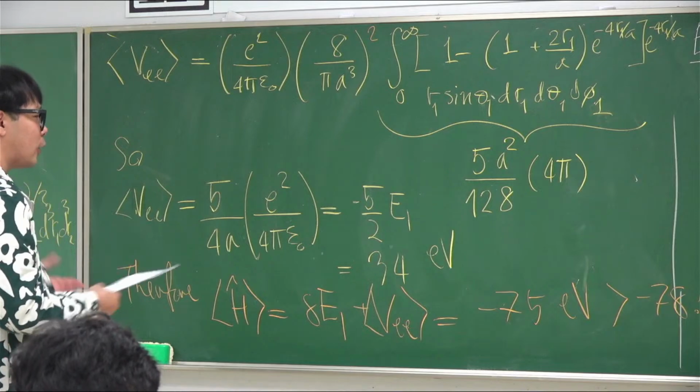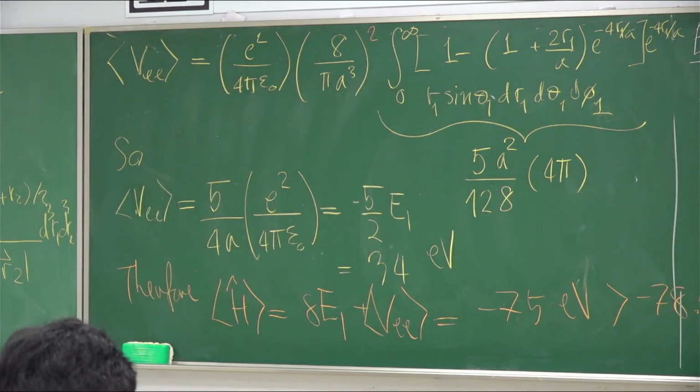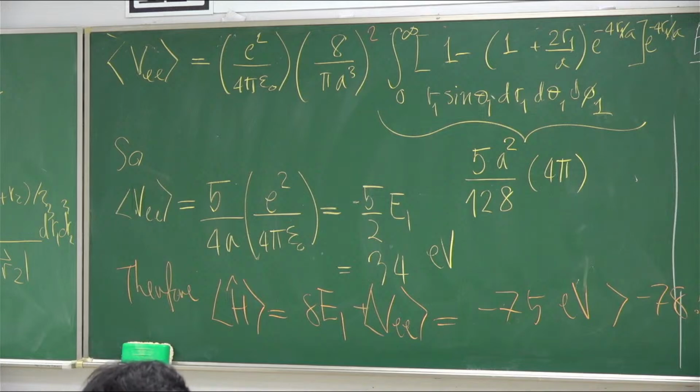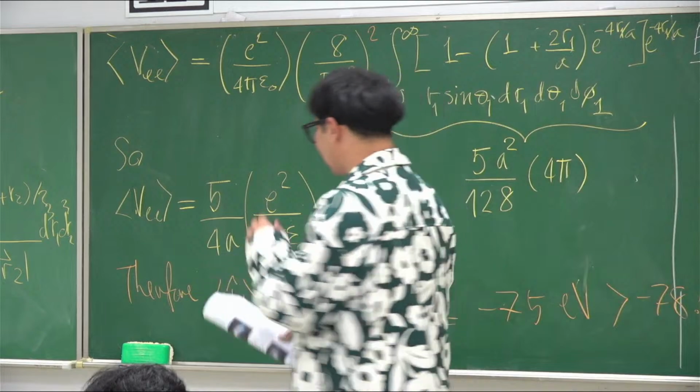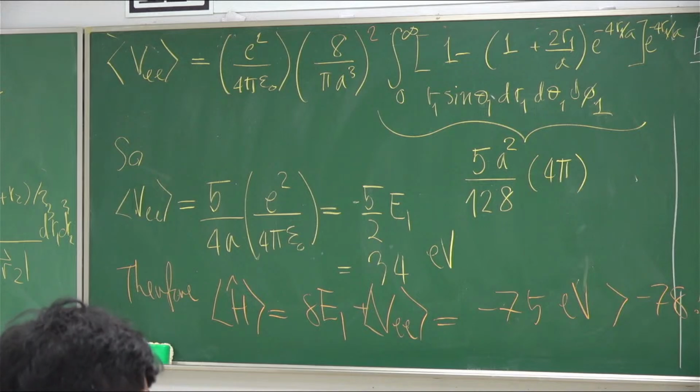Don't you see anything interesting here? With this trial wave function, I don't put any parameter in it, right? It means that if I put a parameter in it, I can use that parameter to tune and get a better solution, right?